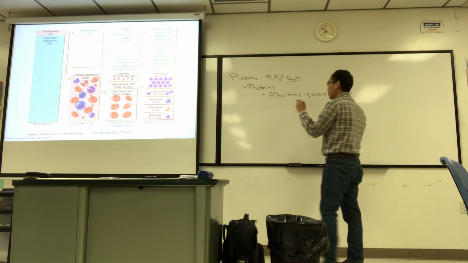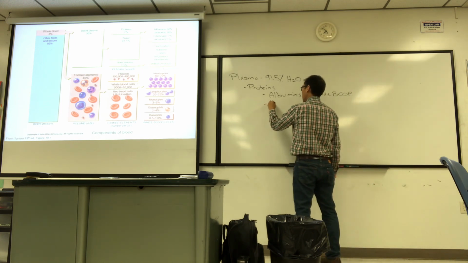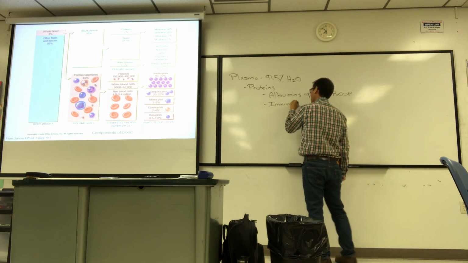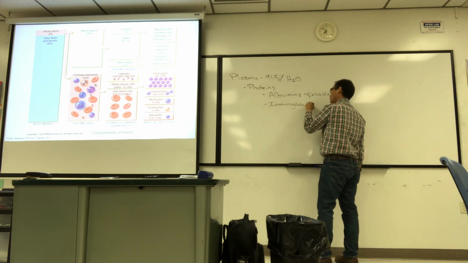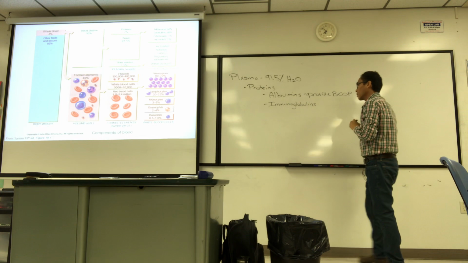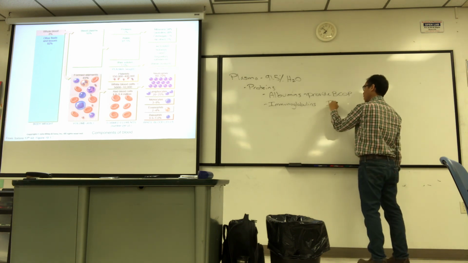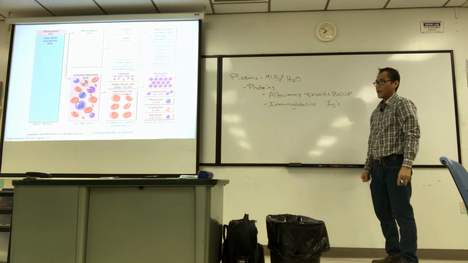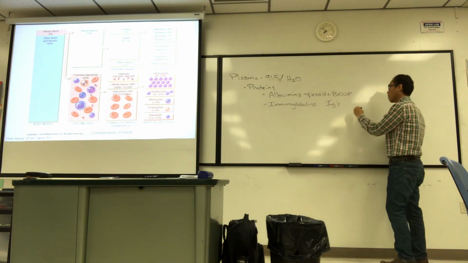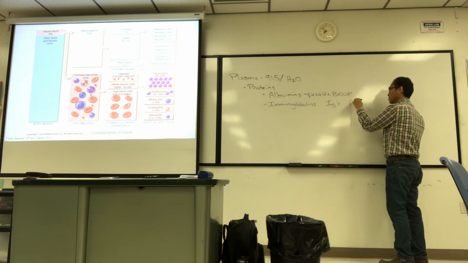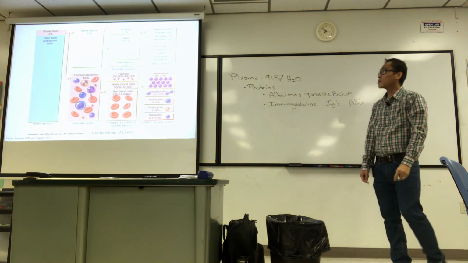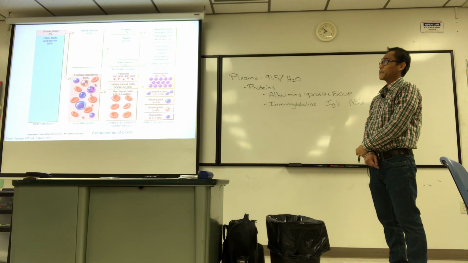Globulins, the ones we'll talk about in this class are immunoglobulins, the IGs, for example, antibodies. Sometimes I call antibodies ABs. Antibodies are immunoglobulins, and we'll talk a lot about those later.